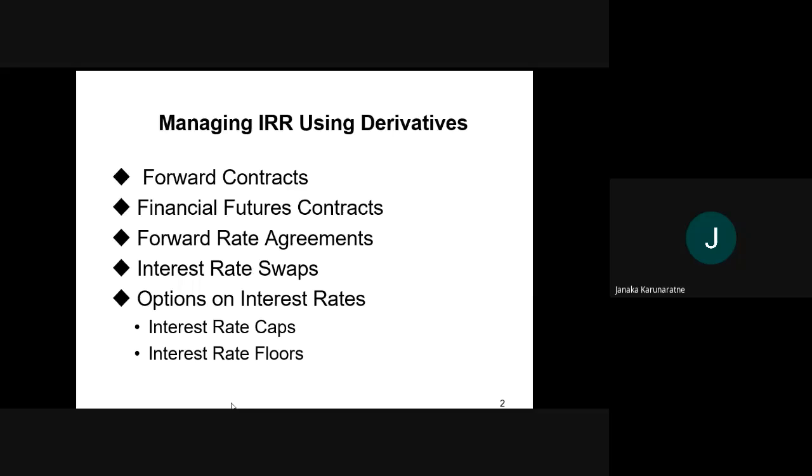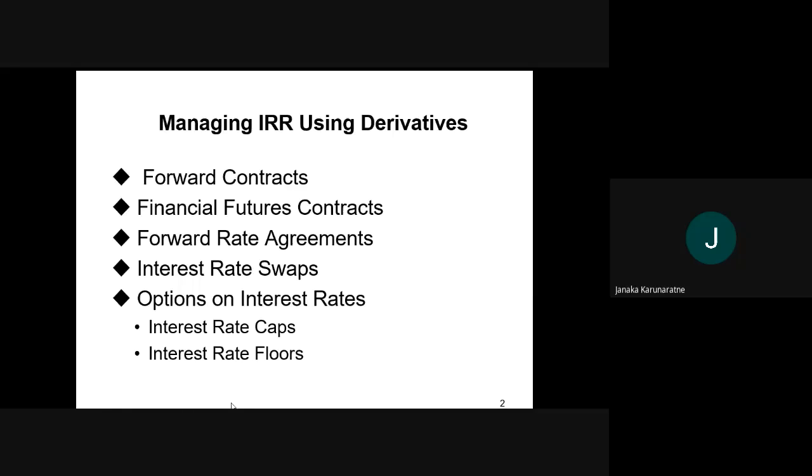Typically, the financial futures, then forward contracts, then swaps, where there are different subcategories, then options. Within those categories there may be other subcategories.